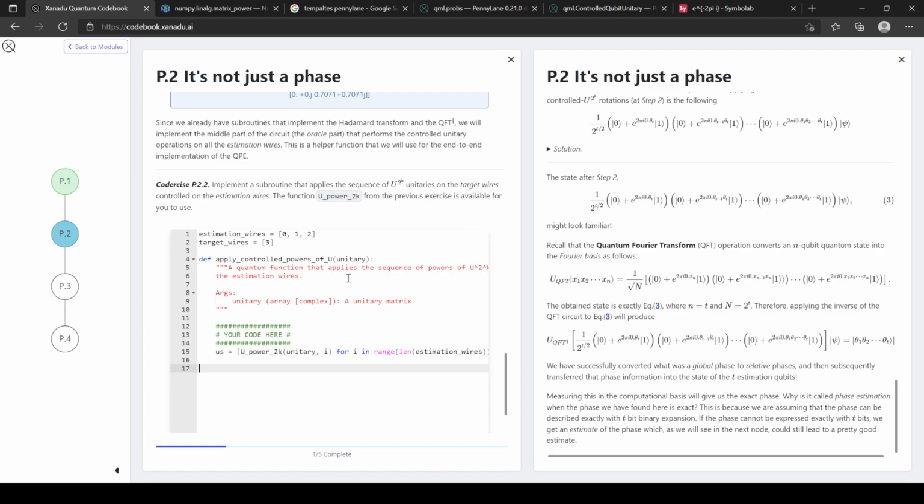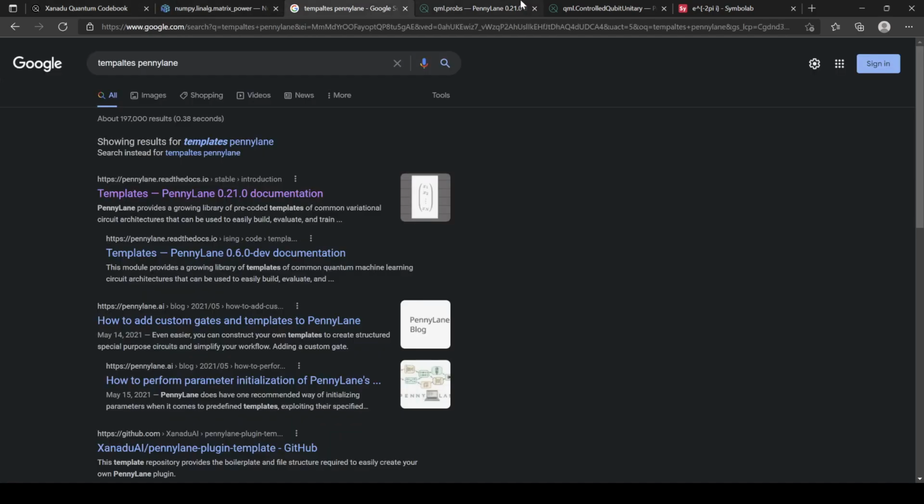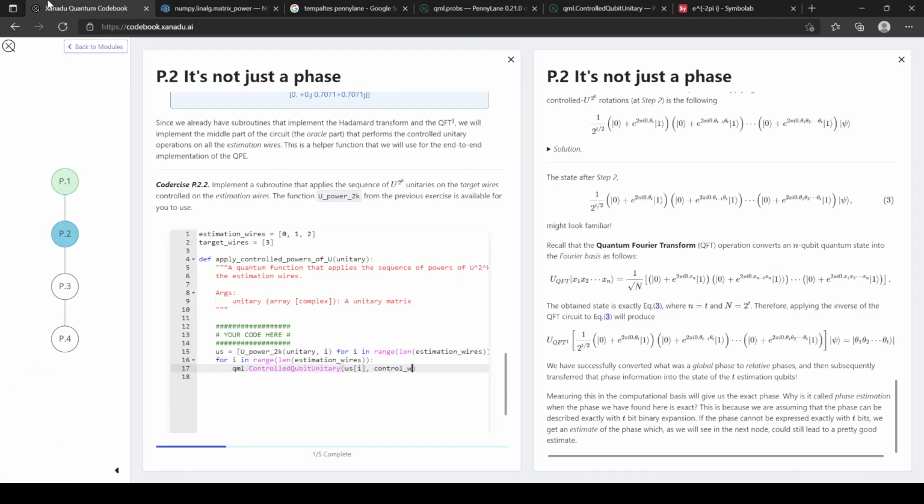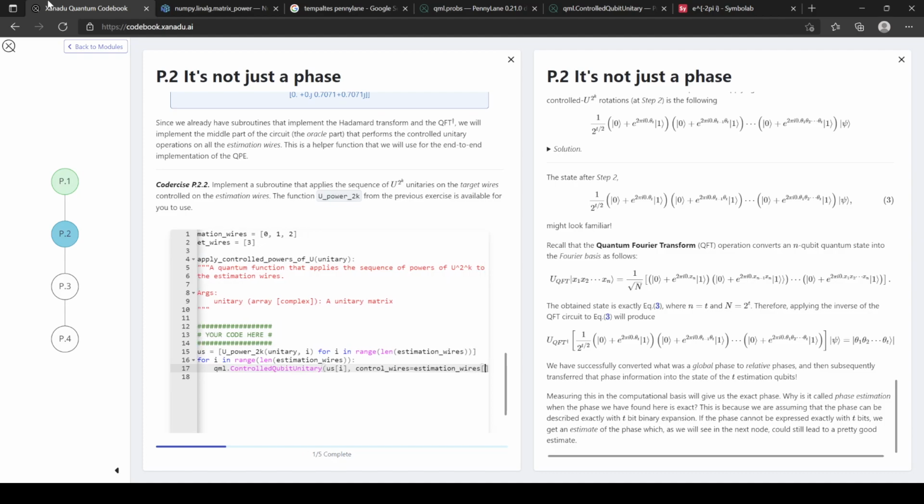All right, now that we have that, what we want to do is say for i in estimation wires, we will do controlled qubit unitary. The unitary is Us of i. Control wires equals estimation wires of i.